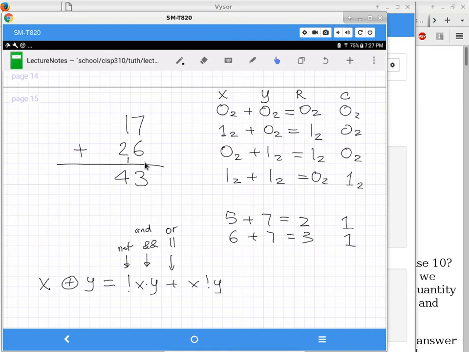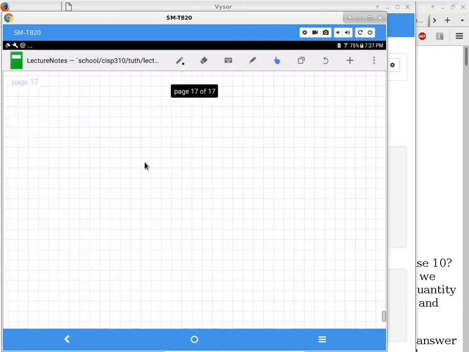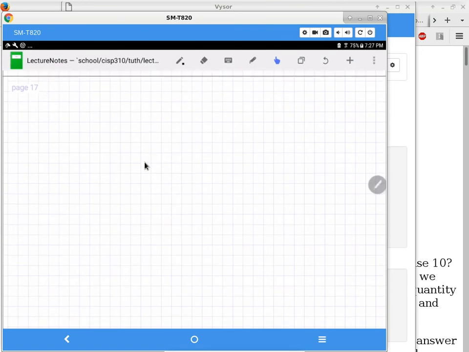Okay, so that's the significance. Now I'm going to introduce some notation, which is also in the document linked from Canvas. I'm going to use R as a function to mean the result of the addition.